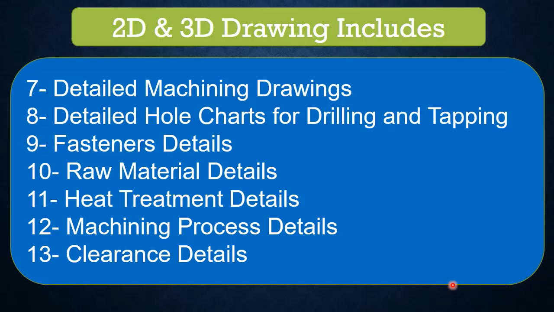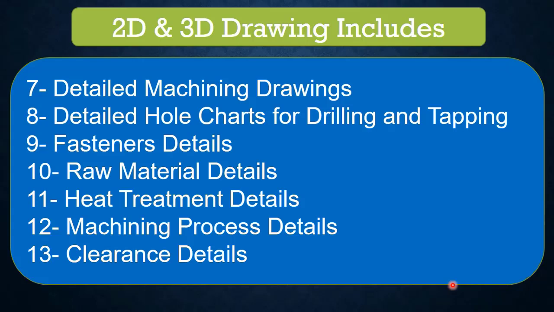Then clearance details. Clearance details are important for fits and mating parts, so every dimension should have the clearance details. If we don't have a specific clearance detail, then we can use the standard template to identify the clearance.